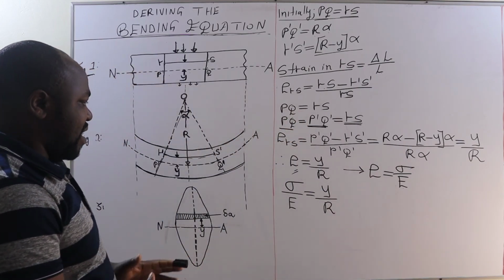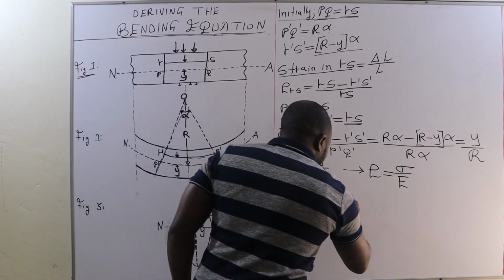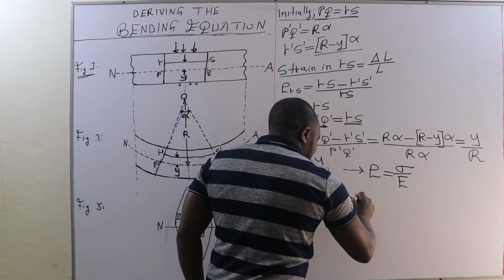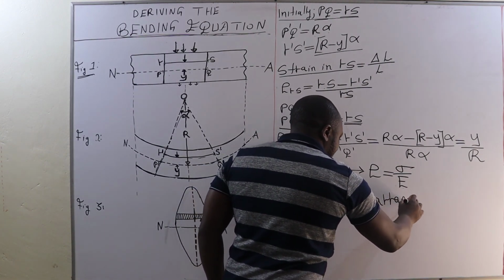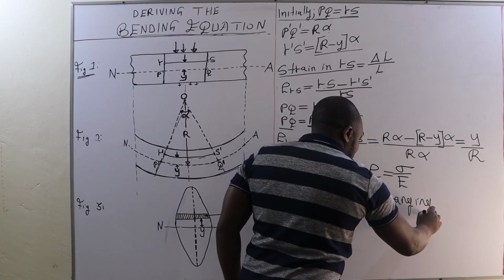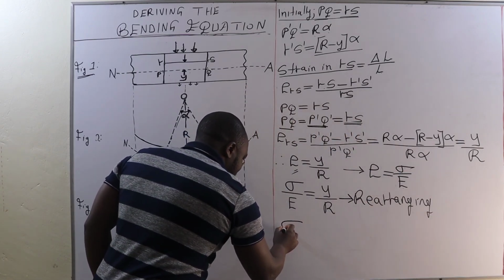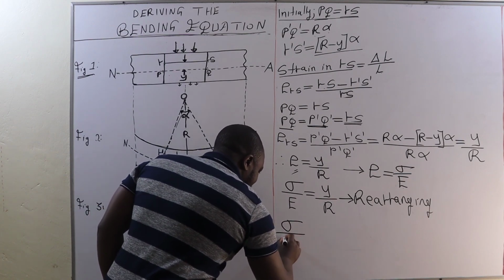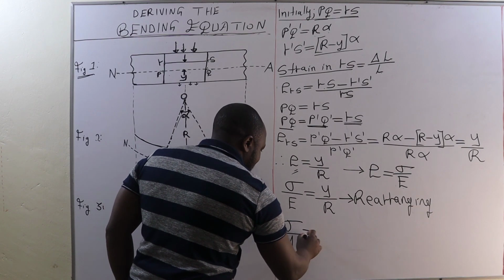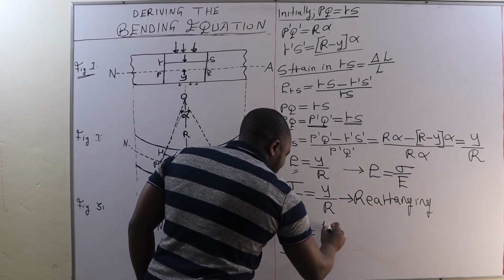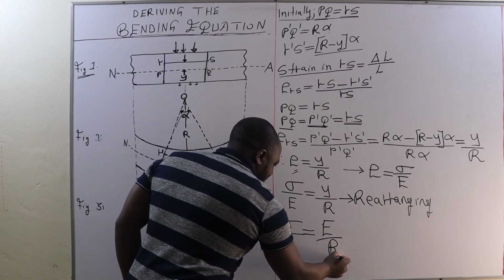We can equate in that form. Now, this equation can be rearranged: stress all over y is equal to Young's modulus of elasticity divided by radius.